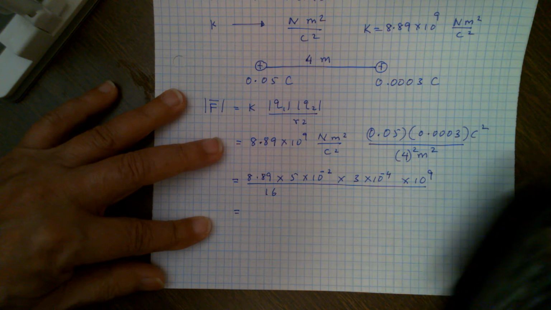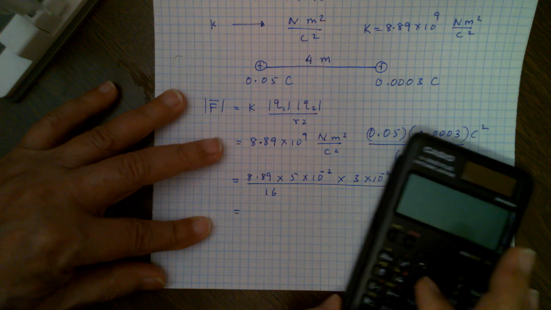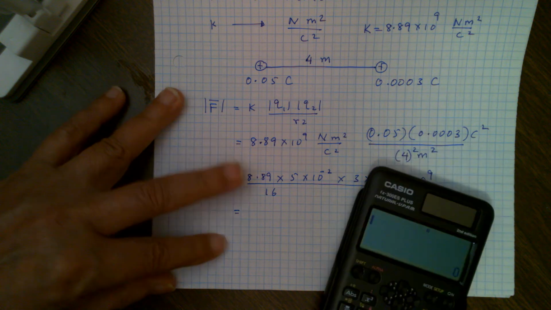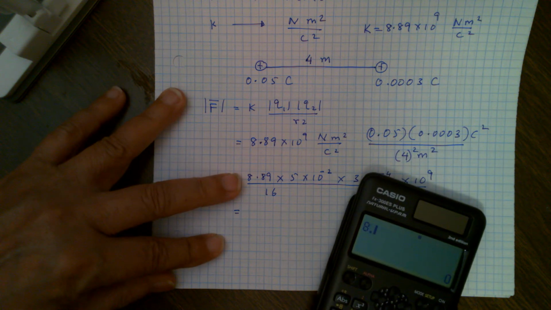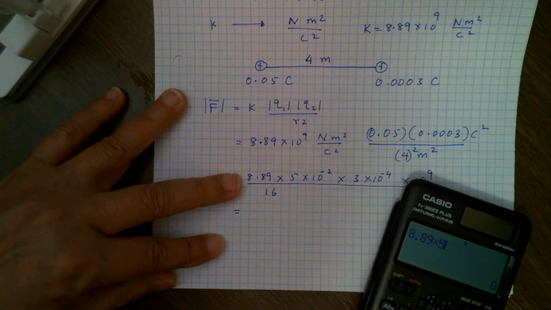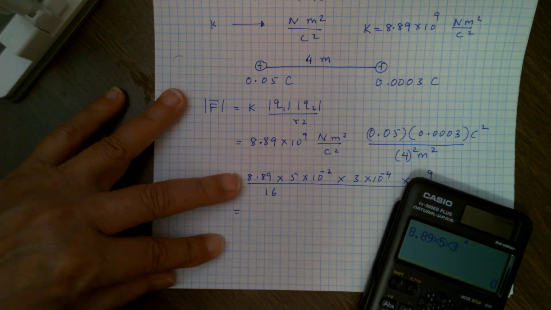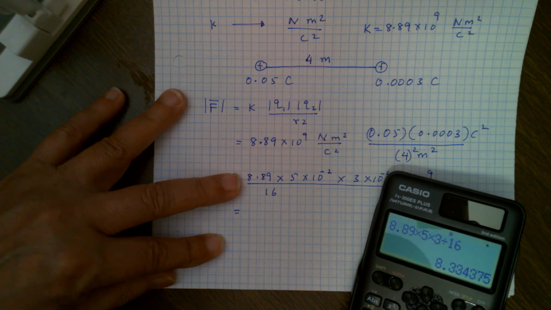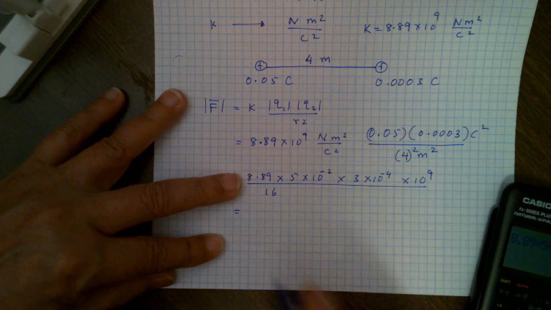So let's check. 8.89 times 5 times 3 divided by 16 is equal to 8.33.